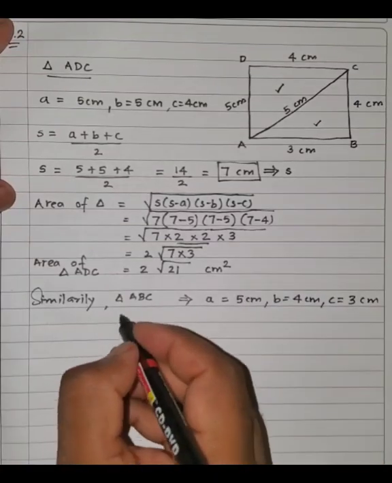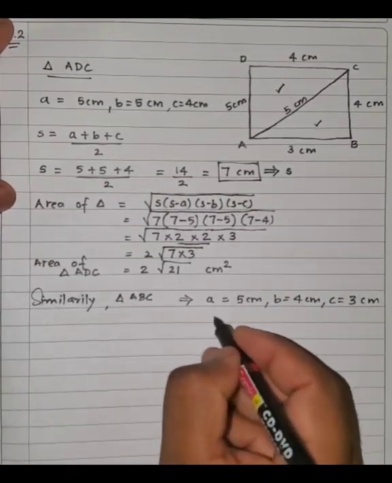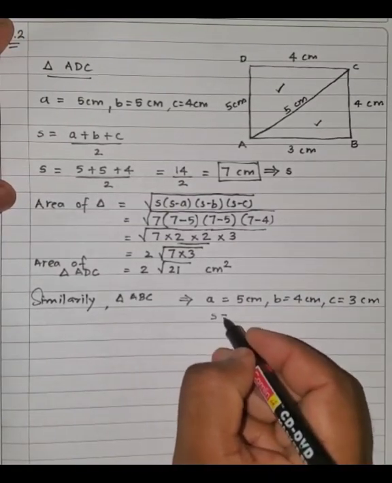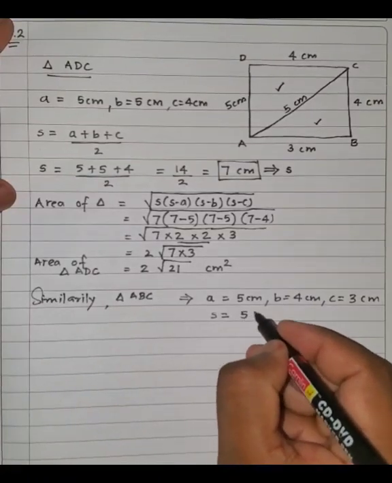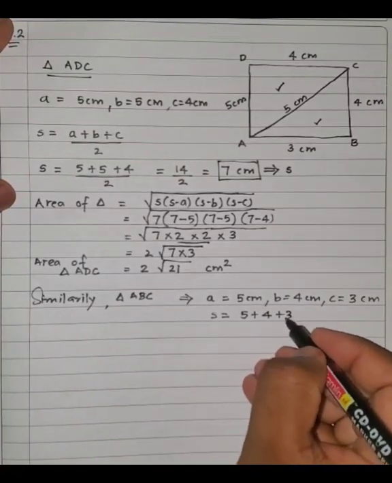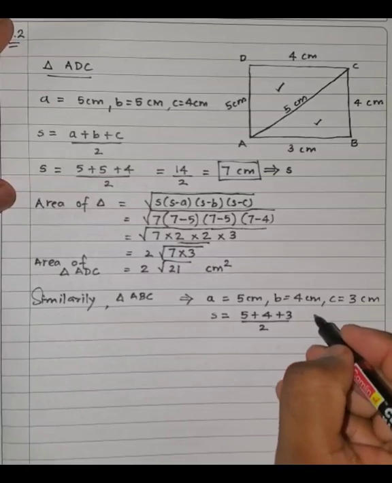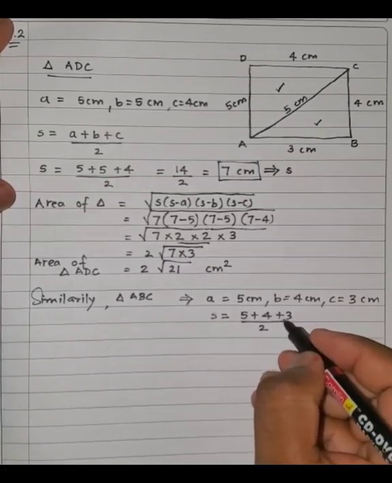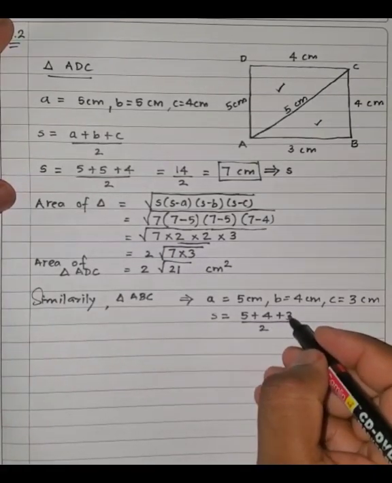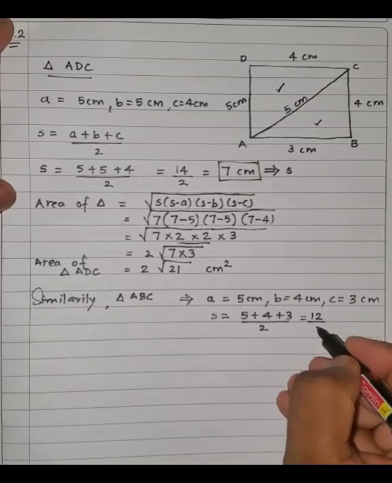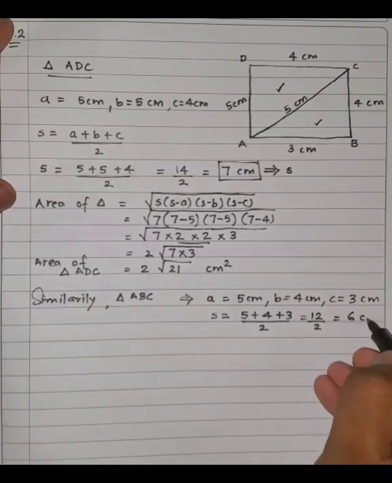As I did previously, I'll find the semi-perimeter, that is the sum of all the three sides divided by 2. So 5 plus 4 plus 3. 5 plus 4 is 9. 9 plus 3 is 12. 12 divided by 2 is 6 centimeter.